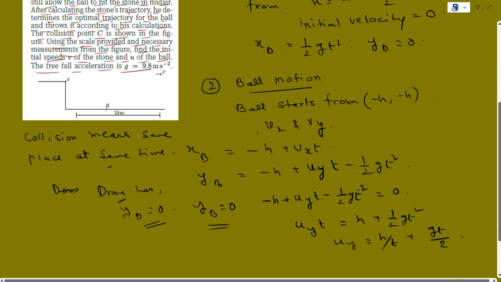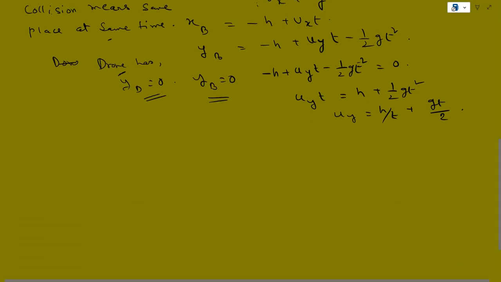Now come to the horizontal condition. x_b is equal to x_d. So minus h plus u_x t is equal to half g t squared. Now rearrange: u_x t is h plus half g t squared. Thus we can say u_x is h by t plus g t by 2.